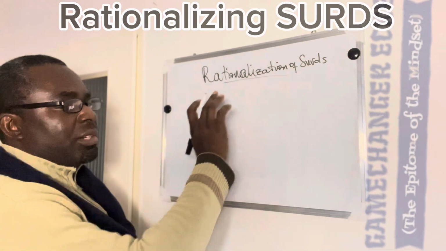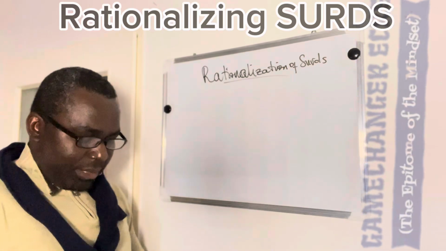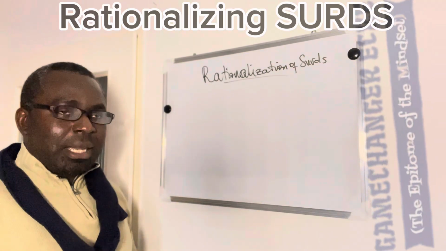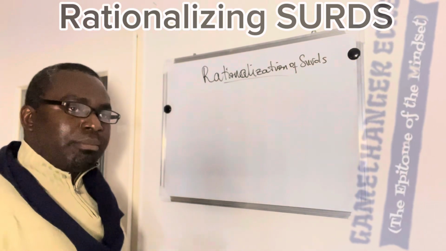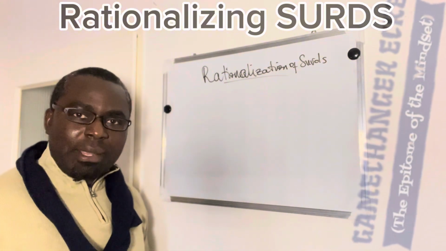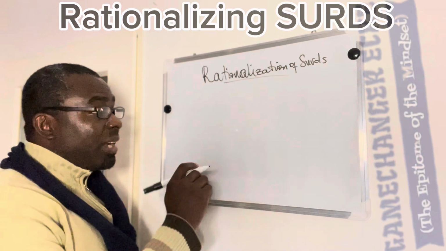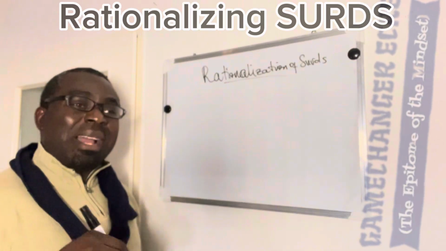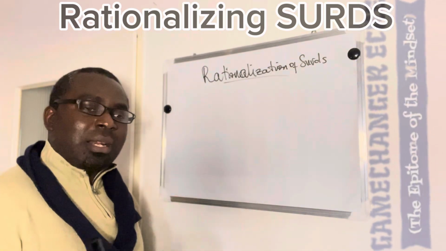When we talk about rationalization of sets, what we mean is that you multiply a set by another set to get a rational number.